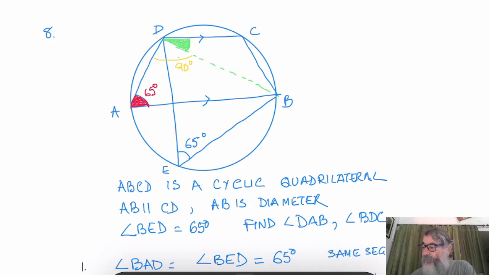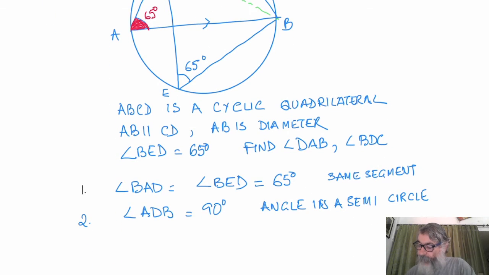So what are we going to do now? We have got this angle is 90, this angle is 65. I can calculate the third angle of the triangle DBA. Now angle DBA will be 180 minus 90 plus 65.